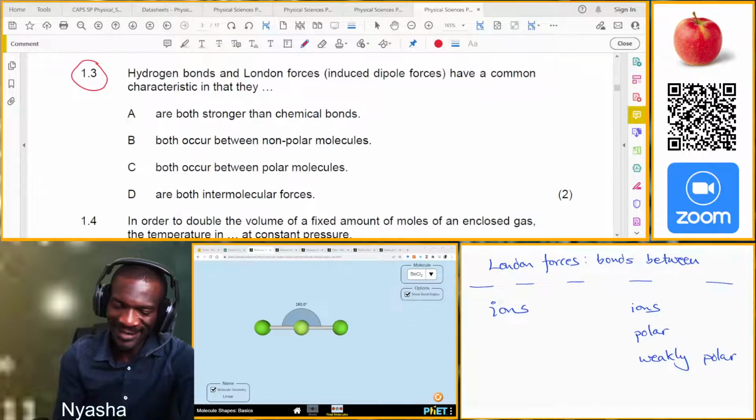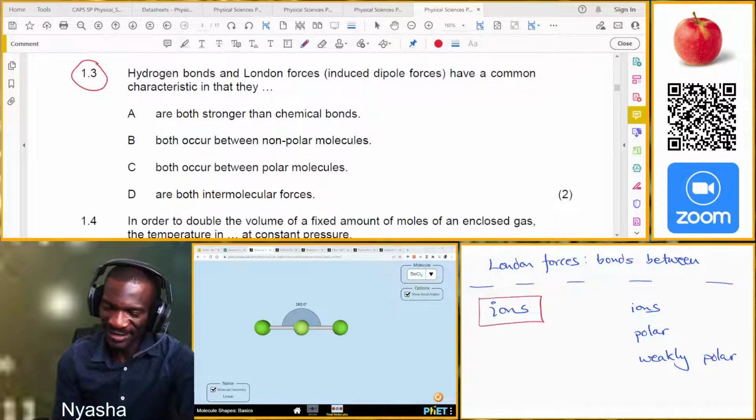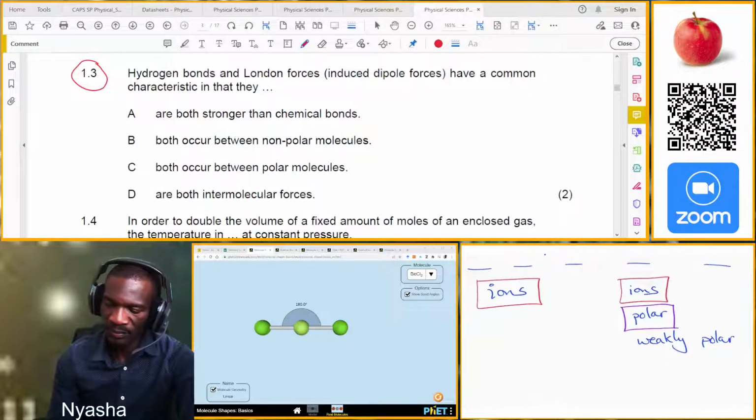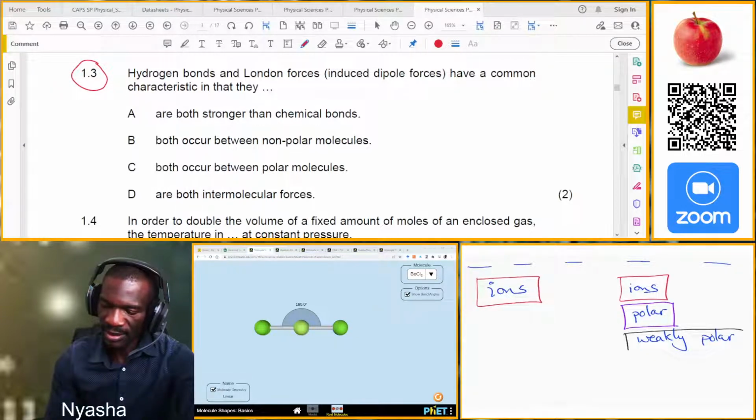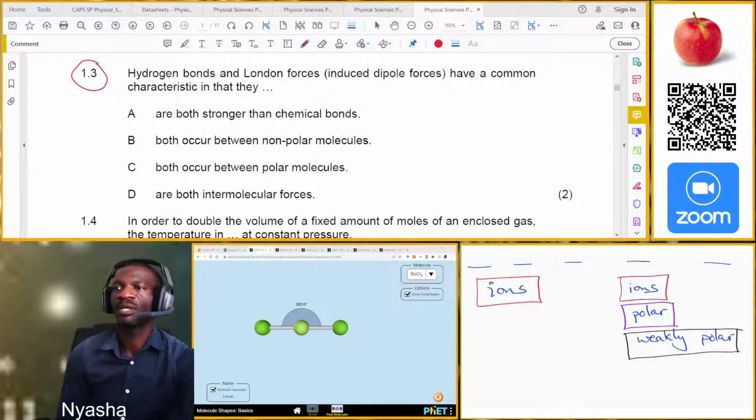We can also have, maybe let's color these so that we won't forget, right? So the ions will be in green, red. Then our polar molecules will be in purple. And then our weakly polar molecules, let's see if we can put them in black, at least colors that would stand out.